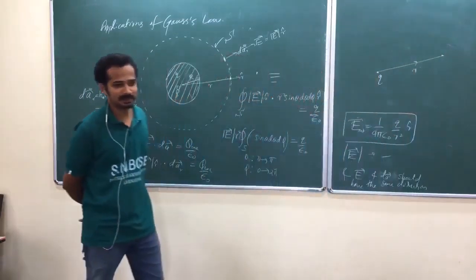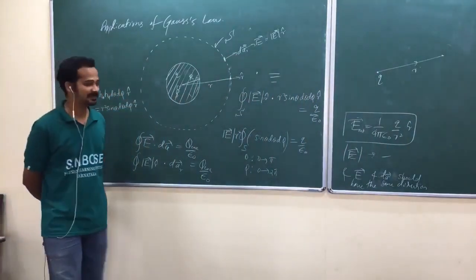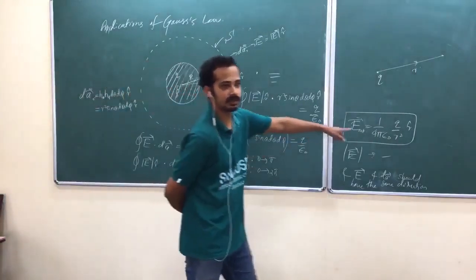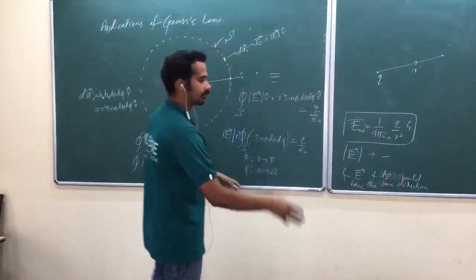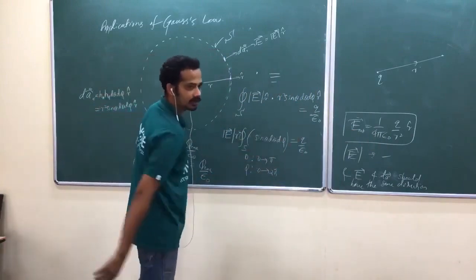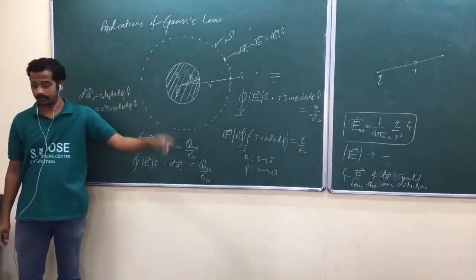We can learn a lot of grammar in this sentence. Is that okay? Because when you see the last formula, it looks like that, am I right? It doesn't matter whether you have a distribution or a point charge at this point. So your last answer would be the same, isn't it? Again, only for outside, okay? Inside that would be different.